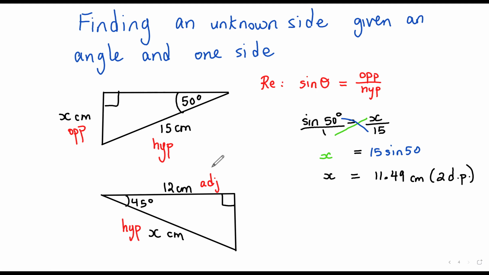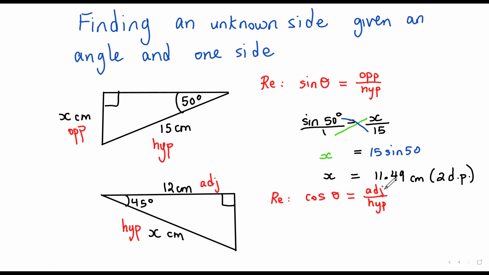All right. So which ratio uses adjacent and hypotenuse, guys? Cosine is correct, right? So let's recall that the cosine of an angle theta is equal to the adjacent over the hypotenuse.